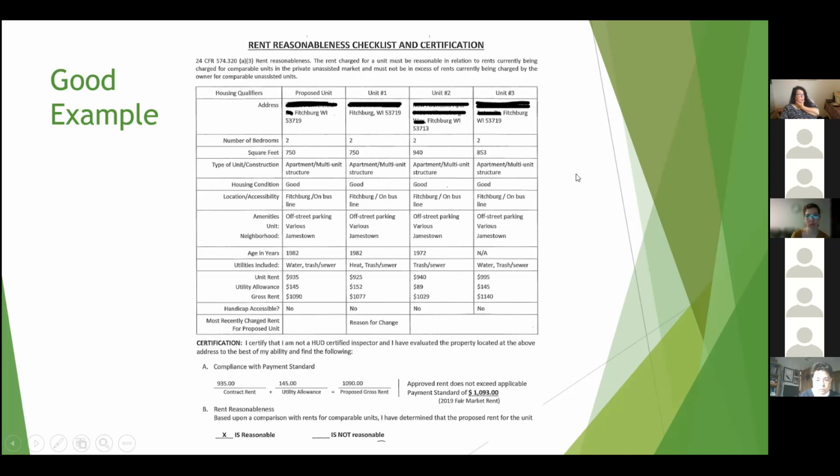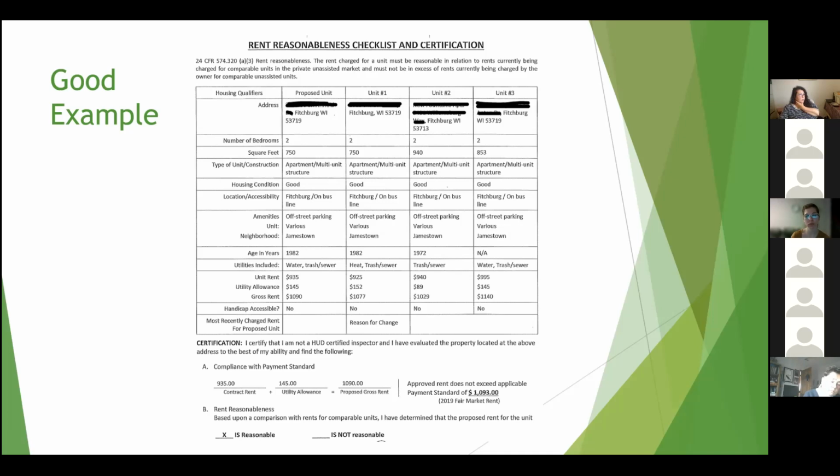That's okay, but you don't just want to leave it blank. You want to note on the form that you could not find other comparable units, or that the unit the client needs has to be accessible and you can't find another comparable accessible unit.